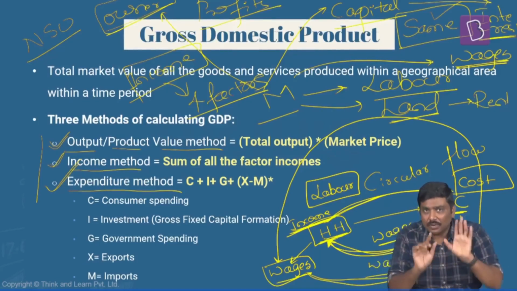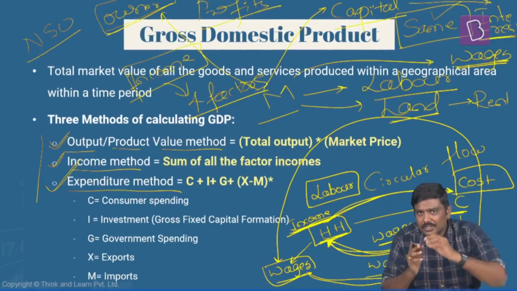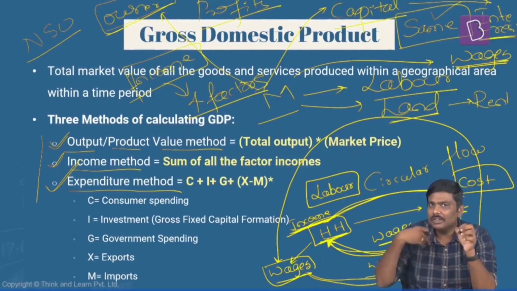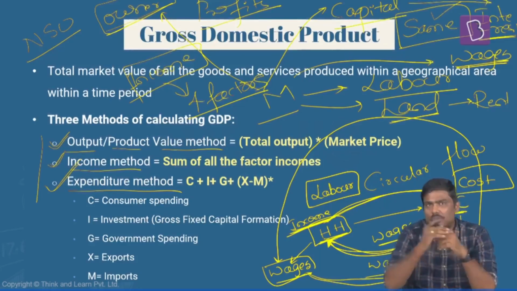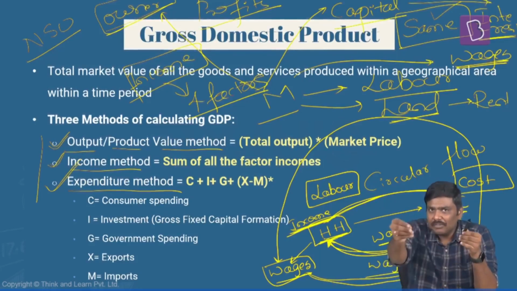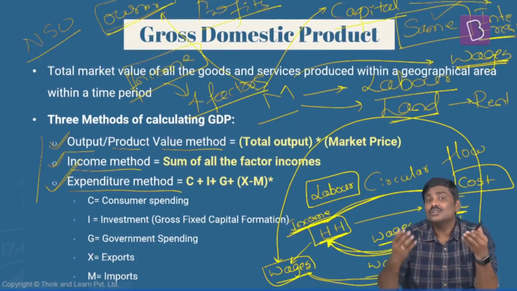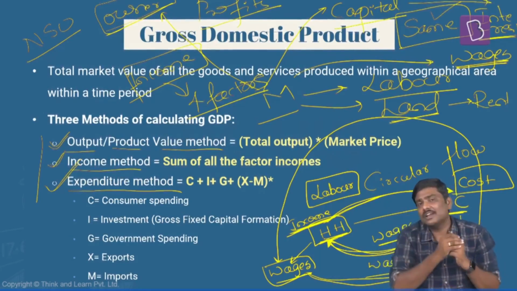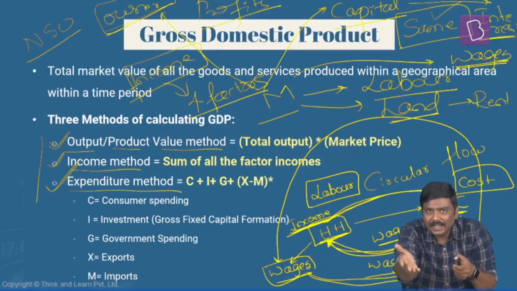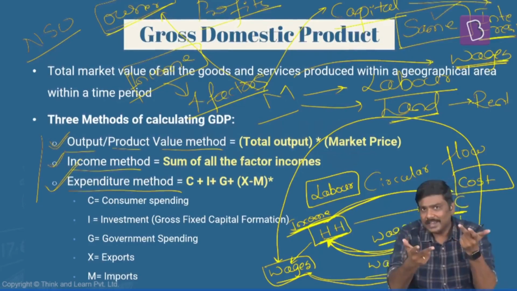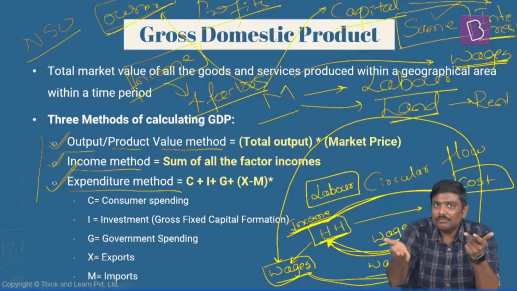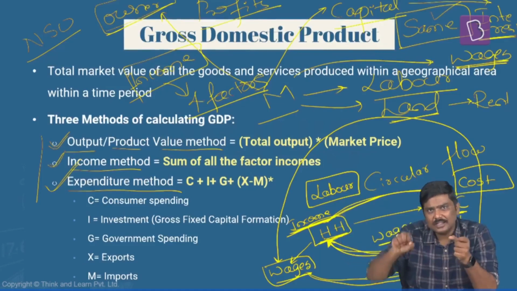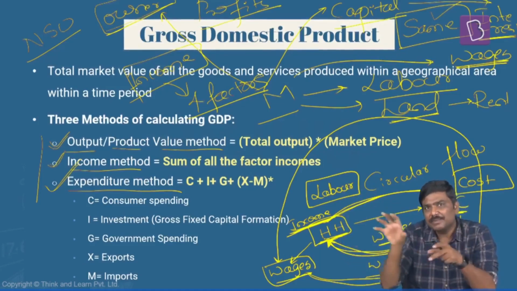If I've not understood this, follow this very carefully. You are the manufacturer. You own a company. You will use labor. Imagine I will come to your company and work for you. So for having worked in the company you will pay me salary or wages. So the salary or wages will become income for me, but expenditure for the company. That is, company has paid, I have received. And second, you have set up this particular manufacturing facility by taking land from someone else, or you have rented a particular place from someone else.